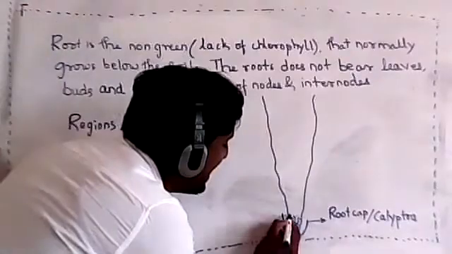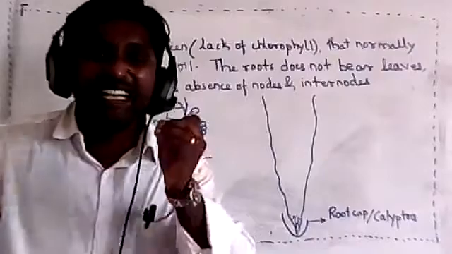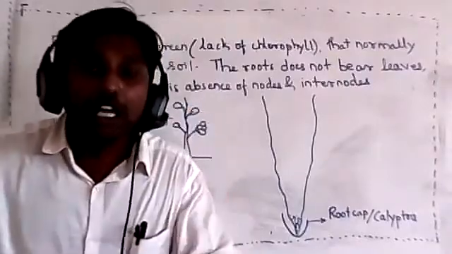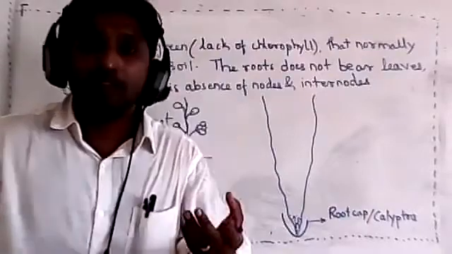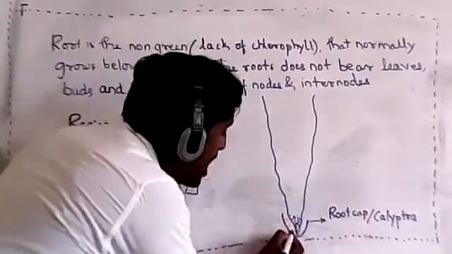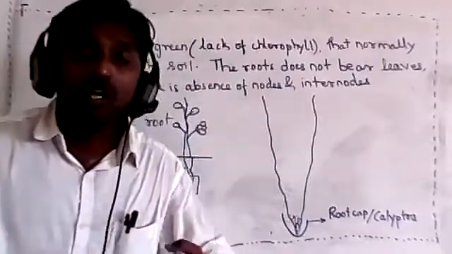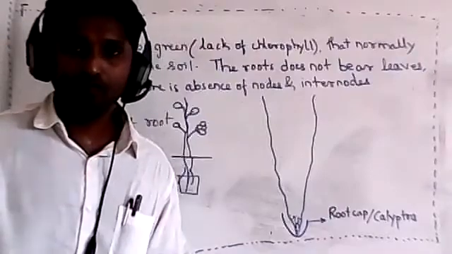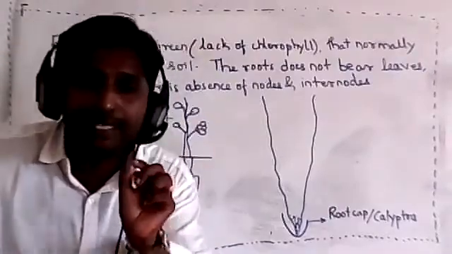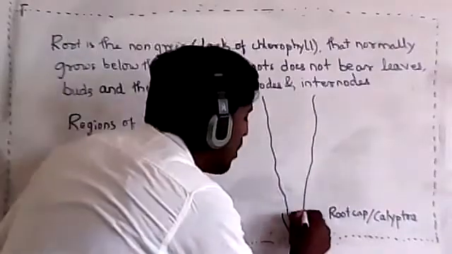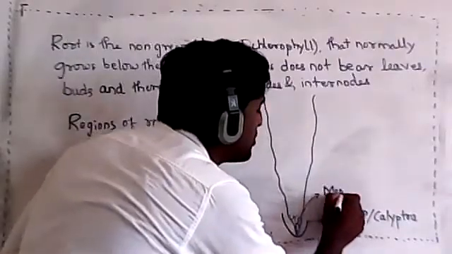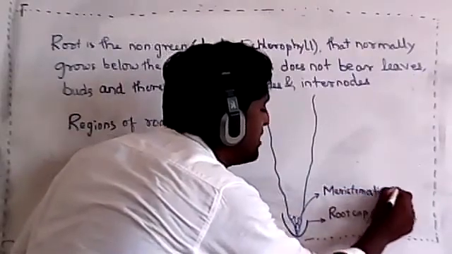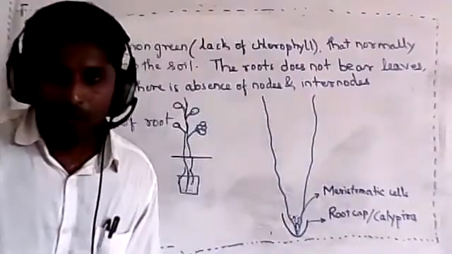So in this region of root tip, the cells undergo continuous cell division. So in this part cells keep dividing always. So we call such cells meristematic cells.